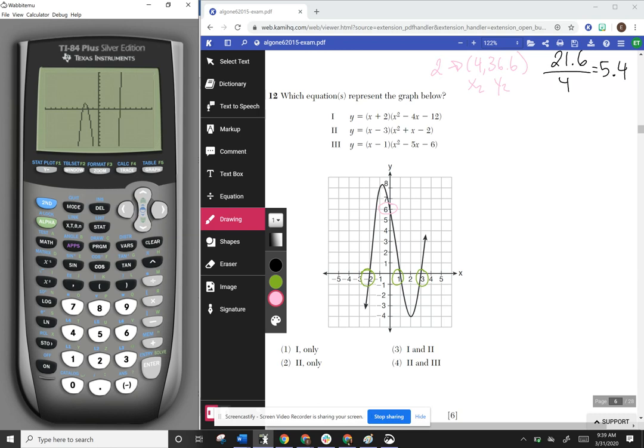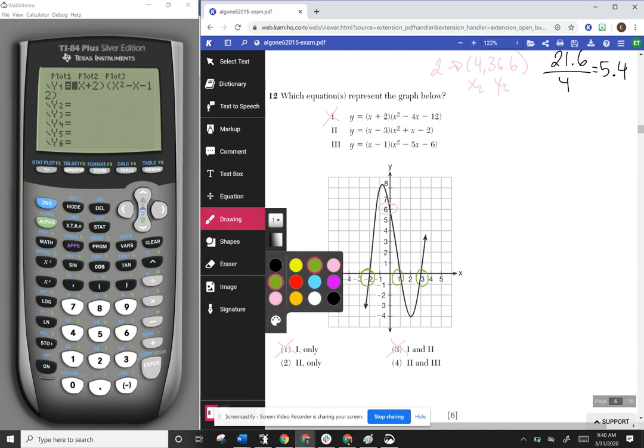Our zeros are at -3, -2, and 4, and the shape is just off. So we know it's not 1, which means the answer choice cannot be 1, and it cannot be 3. The other answer choices that we have are either 2 or 2 and 3. Either way, we know that 2 is going to be an option.